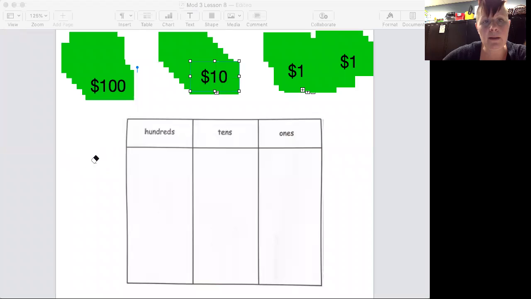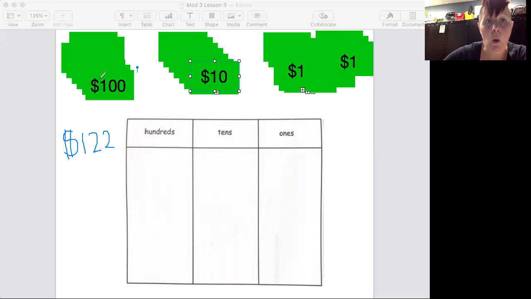So let me take away this 100 here. Let's say I want you to be a banker and I want you to make $122 with as few bills as possible. Well, some of you might have recognized this and said, oh, well, this is the hundreds place, this is the tens place, and this is the ones place.